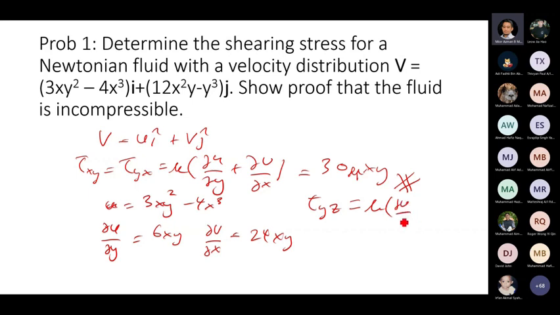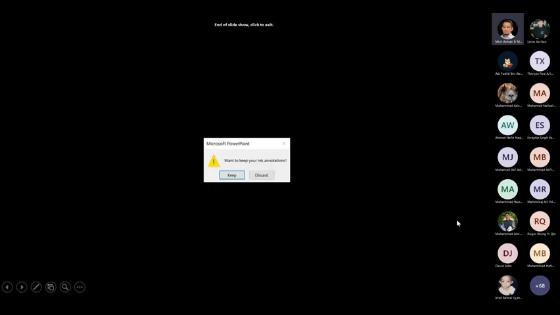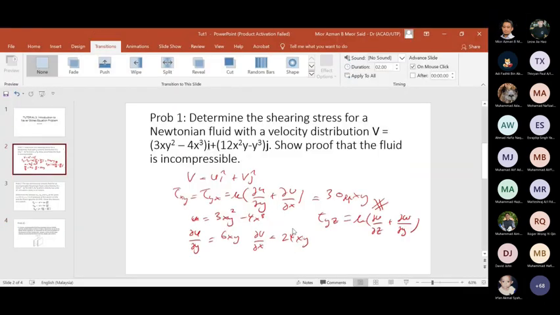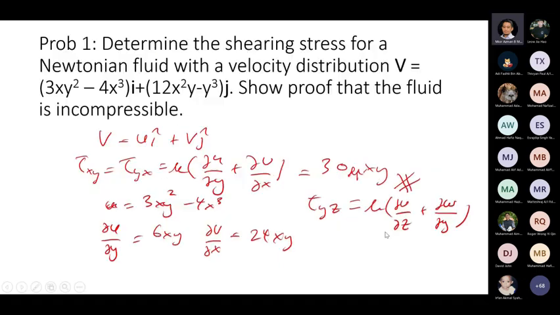So partial v over partial z plus partial w, which is the velocity in the z direction, over partial y. You have only velocity v here, which is in the y direction, and you differentiate that with respect to z.